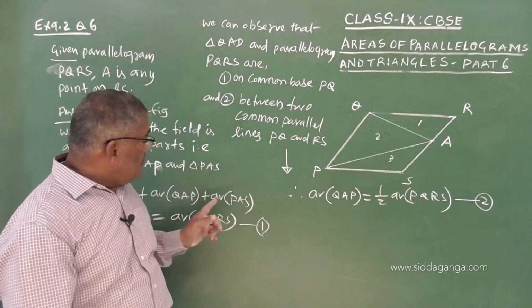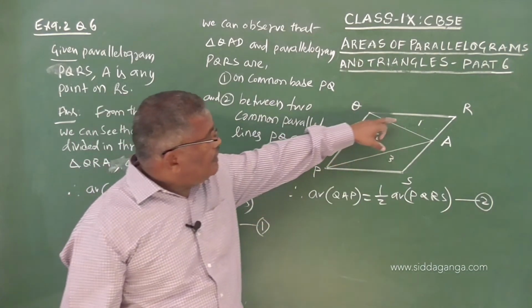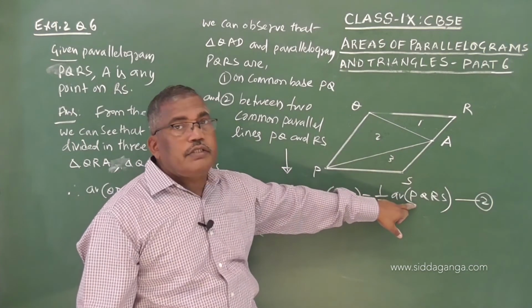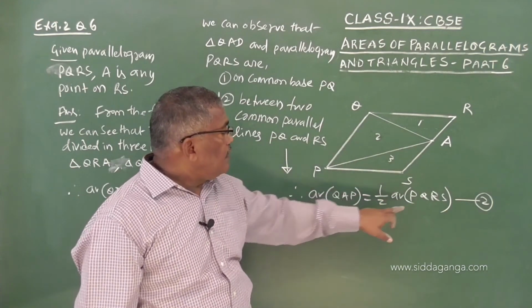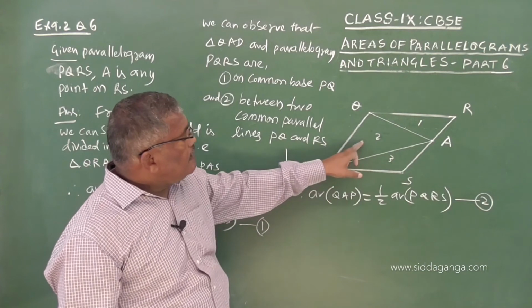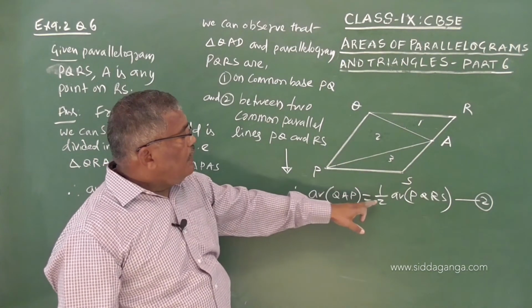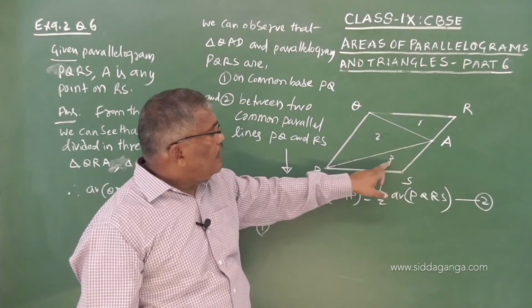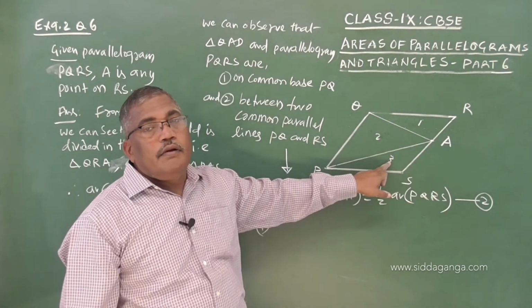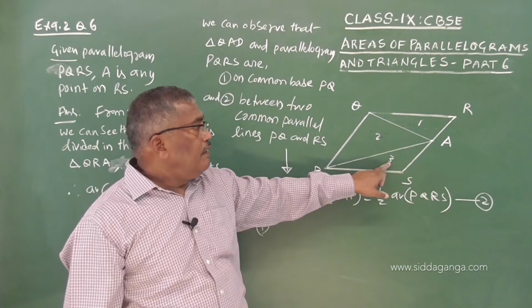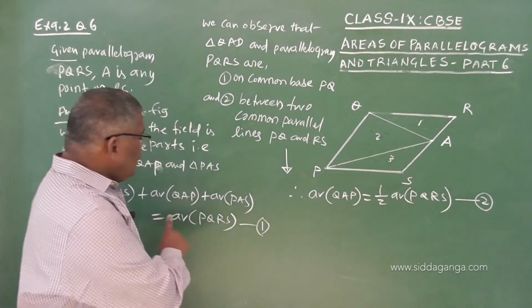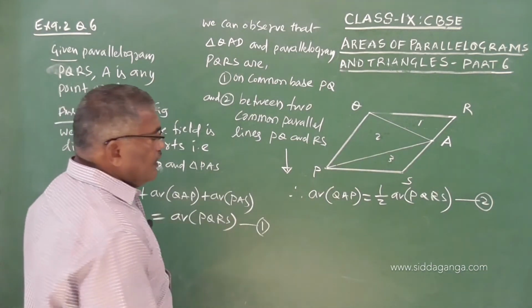See, from equation 1 we know that the sum of these three is the PQRS area, but now we have found that the second triangle alone is half of PQRS, therefore 1 plus 3 will be equal to half of PQRS.